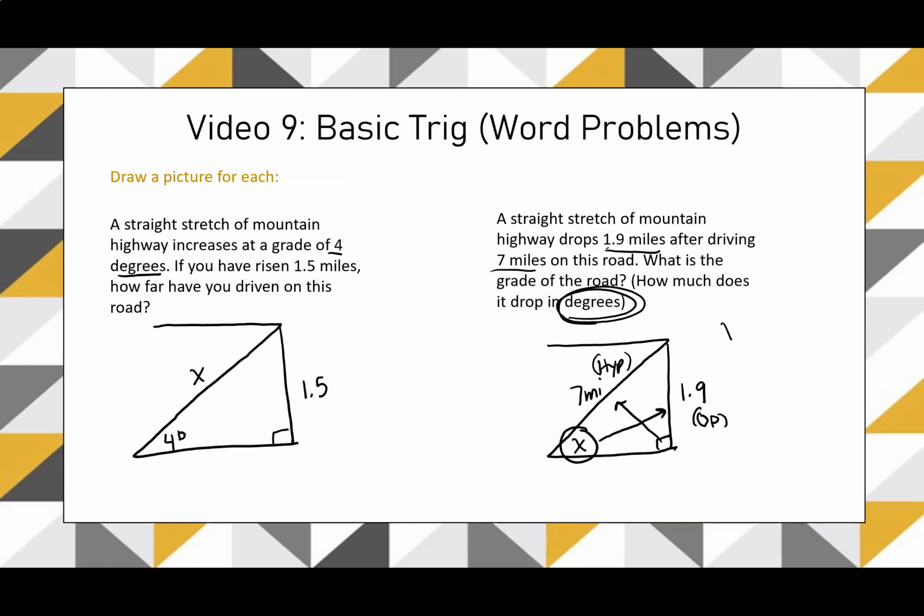So my angle, X, is going to be equal to sine inverse of my opposite, which is 1.9, divided by my hypotenuse of 7. And you just plug that in, make sure you do second sine. Let me get the answer for fun. And I get about 15.74 degrees. Pretty steep road. Not impossible. Guess that should have been 15.75. I'll change that.